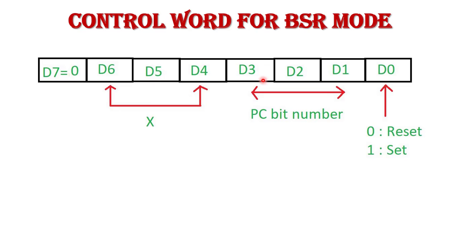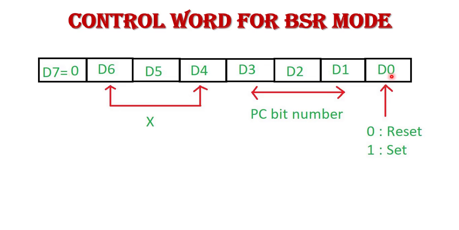Now the next bits, D3, D2, D1. The combination of these three bits defines a particular bit of port C, 8 bits of port C, that is PC0 to PC7, and this bit can be set or reset with the help of the least significant bit of the control word, that is D0.